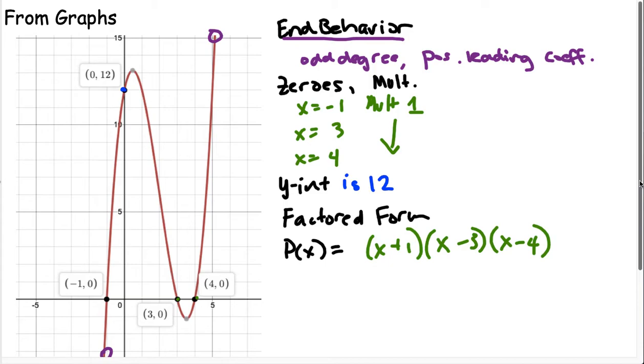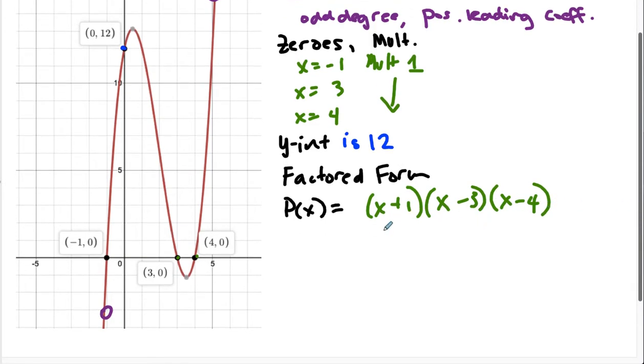You would assume that when you multiply it all out, it should give you a y-intercept of +12. But sometimes that can't be the case, so you have to double check.